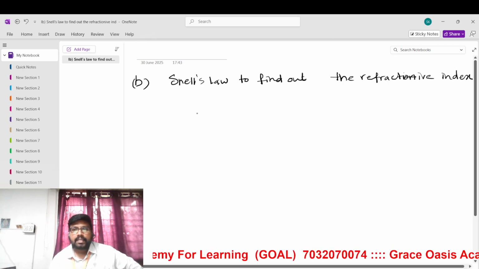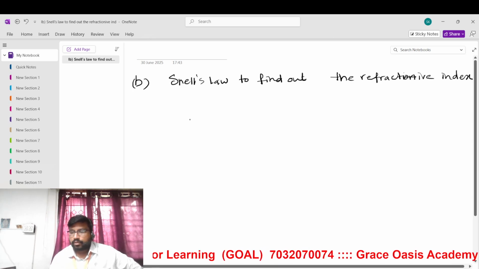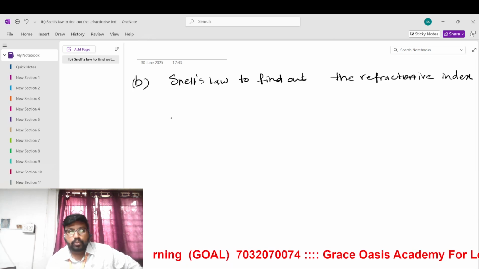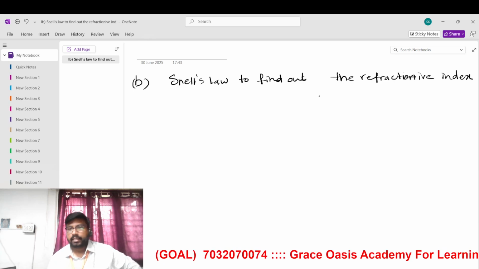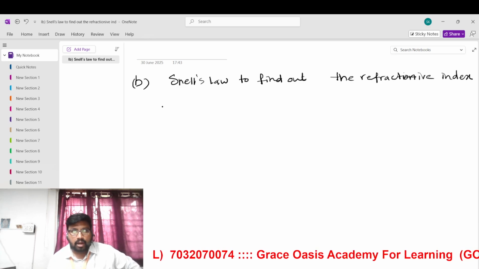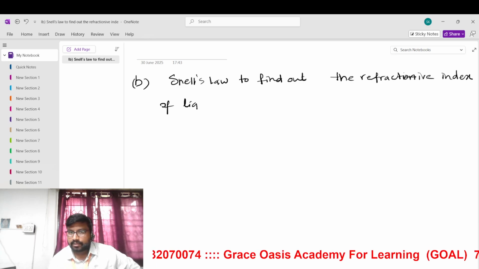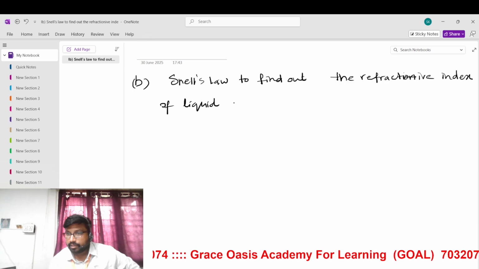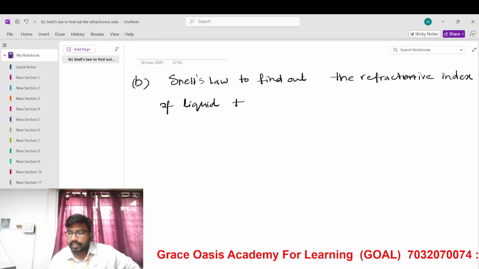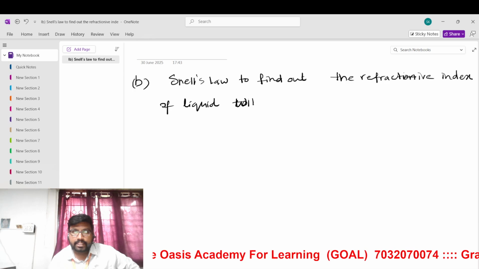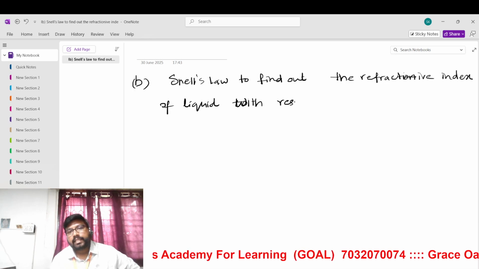So what is Snell's law? Mu equals sin I by sin R. So the index of liquid, it is very important, from air to liquid medium. Liquid with respect to air.